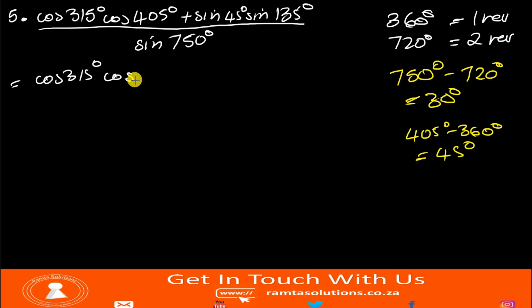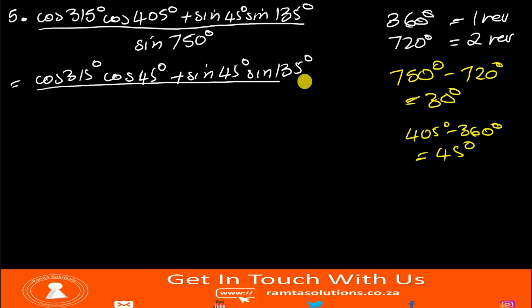So you can say this is cos 45 degrees plus sine 45 degrees sine 135 all over sine, what did we say 750 was? Sine 30. Do you guys see that?